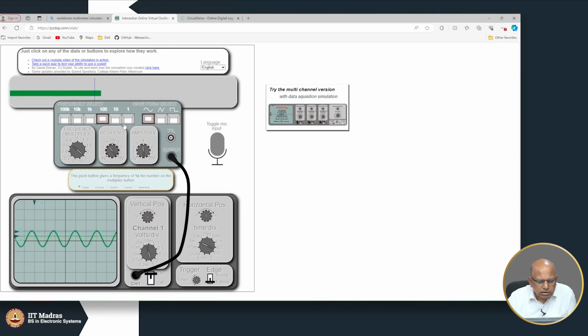What is the frequency now? I have chosen 100 here and 5 here. So, 500 hertz frequency. So, let us use the horizontal positioning here, and let us use the vertical positioning here a little bit.